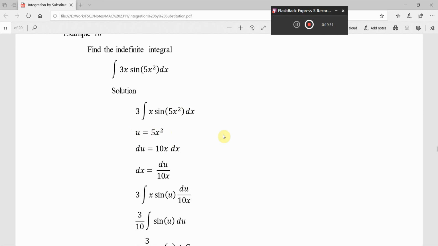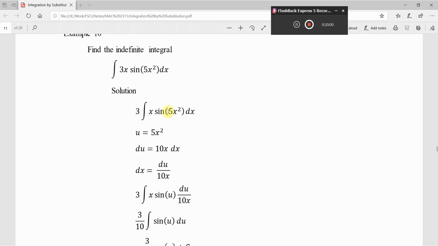So u is equal to 5x squared. Calculating du, well, bringing down my exponent, 2 times 5 gives me a 10, subtracting 1 from my exponent. So I get du is equal to 10x times dx. Solving this equation for dx, I get dx is equal to du over 10 times x.